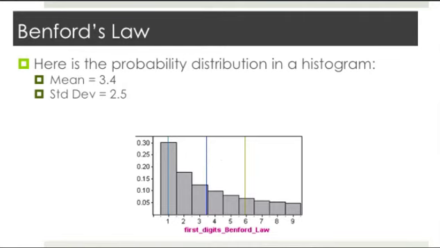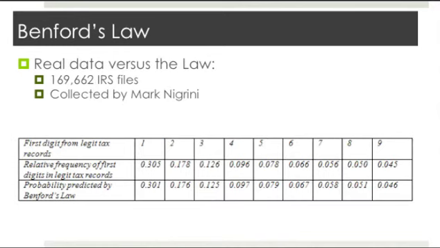Remember, this picture is just a representation of what Benford's Law predicts should happen. Let's take a look at real data to see how it stacks up. Here's a table of real data collected from about 170,000 IRS files by Mark Nigrini.